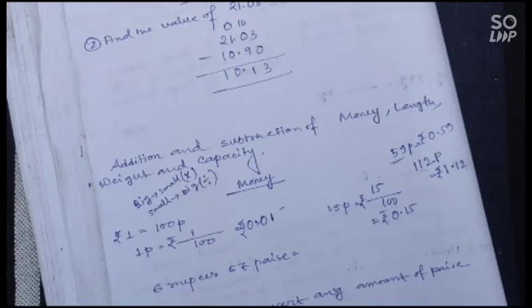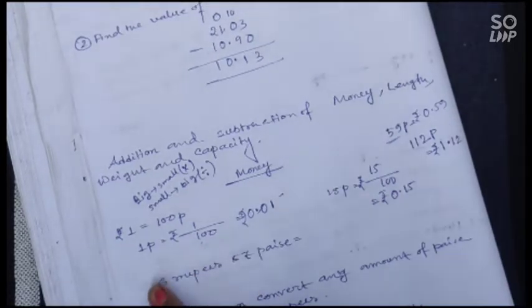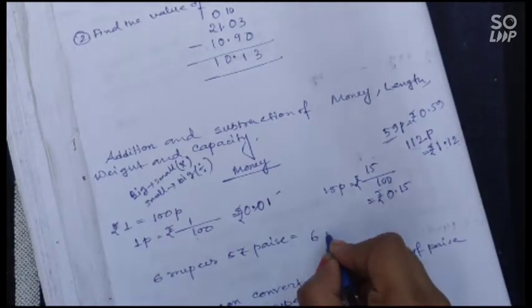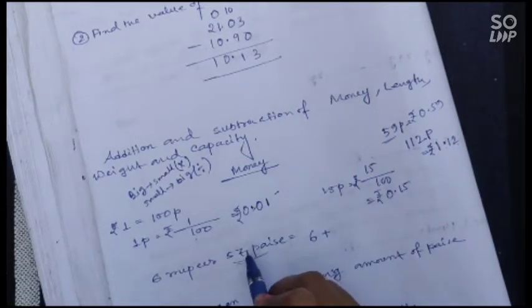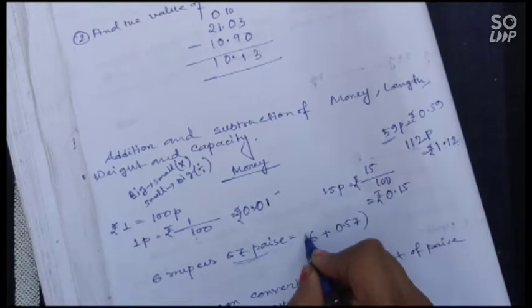And similarly, now using this rule, we will convert this into rupees. 6 rupees 57 paise equals how many rupees? 6 rupees. Now first of all you have to convert the paise into rupees. 57 paise means 0.57 rupees.